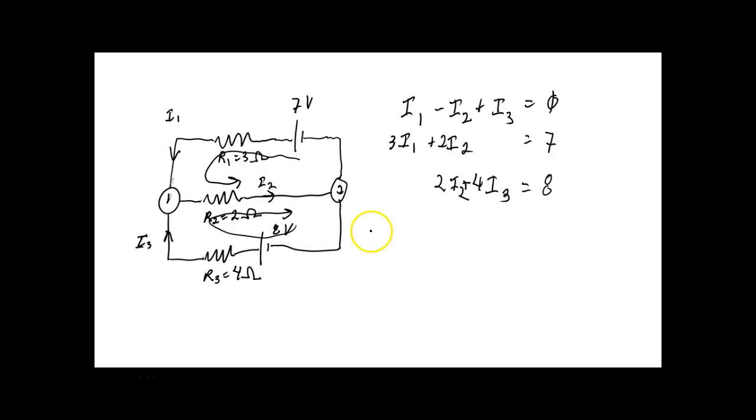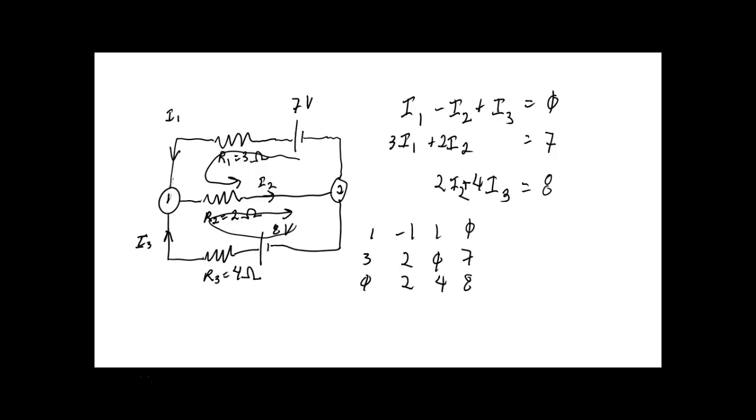What would that be then? 1, minus 1, 1, 0. Next, 3, 2, 0, 7. Next, 0, 2, 4, 8.